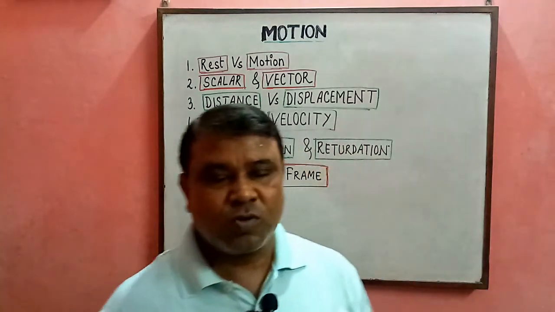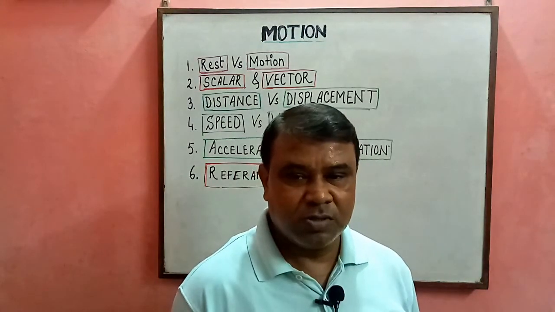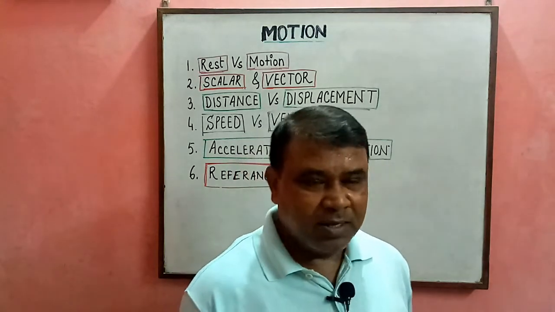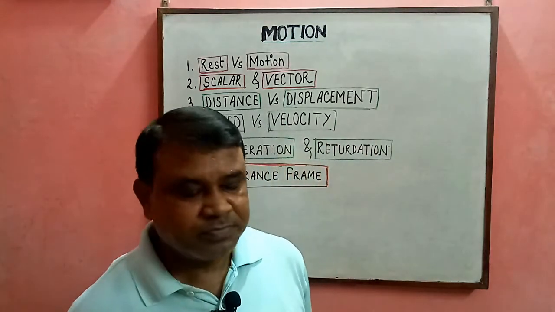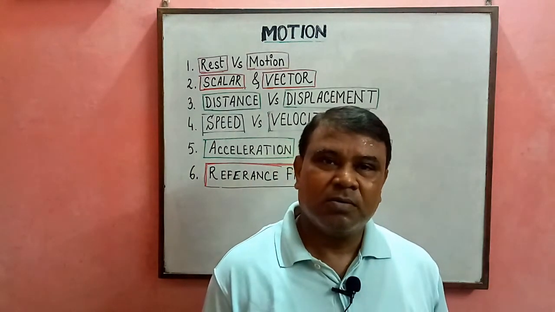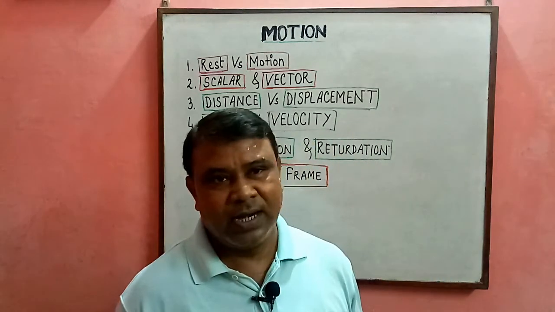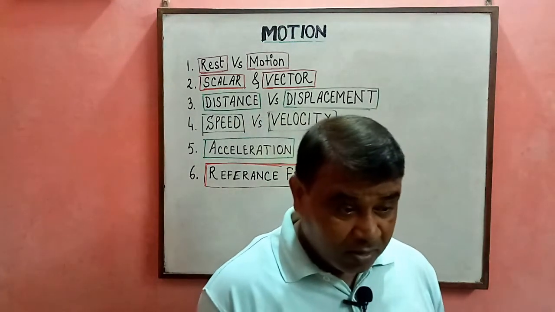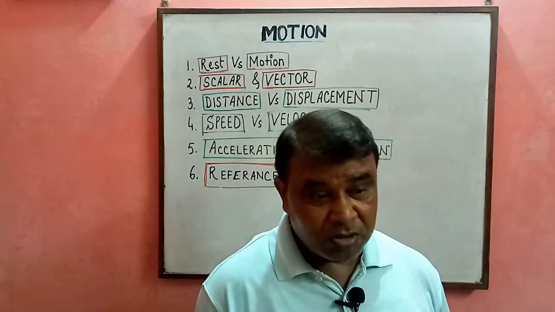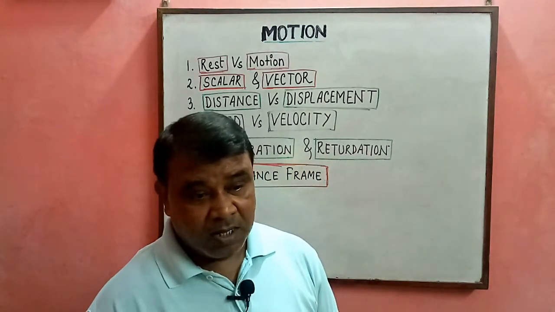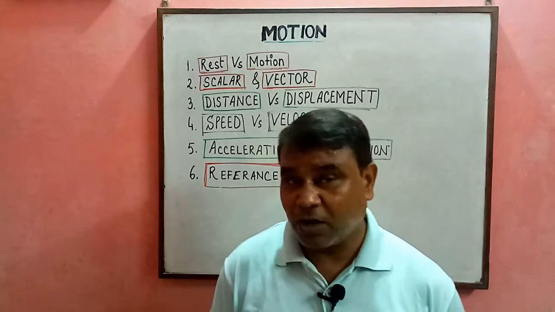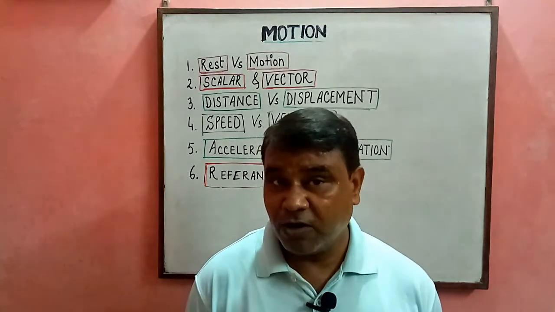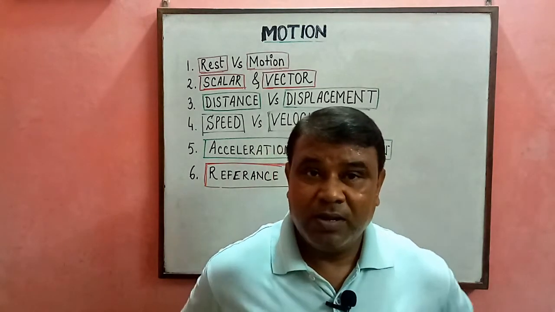So those quantities which have only magnitude, like kg, gram, meter, pound, these are all scalar physical quantities, and they do not need any direction. If I want to go north, if I do not maintain the direction towards north, I cannot reach there. So if I follow a particular direction, then that quantity will be a vector quantity.